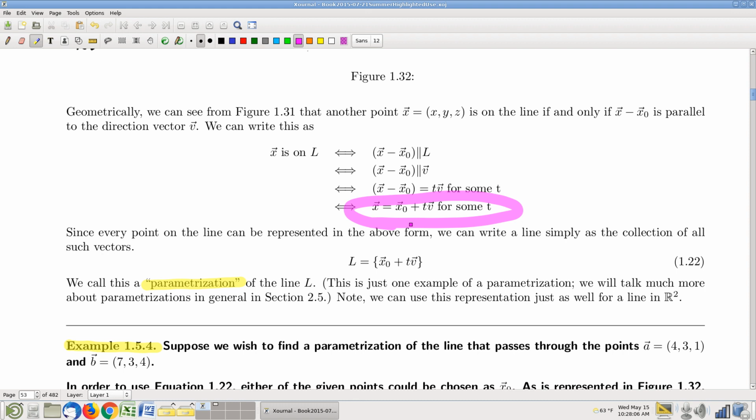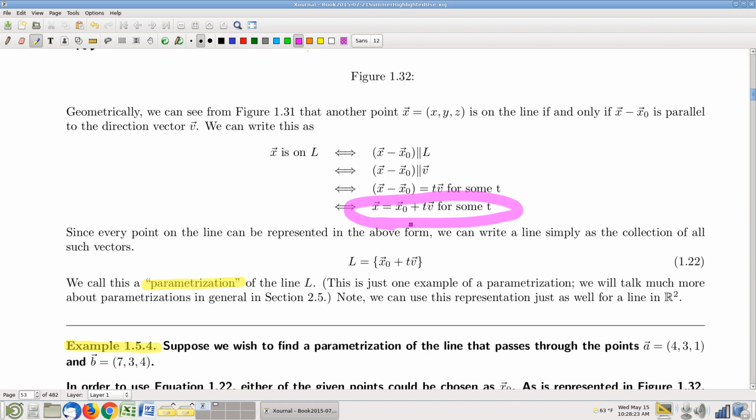This is not a test, right? Equations that we've come up with in the past, n dot x equals n dot x naught, are a test. You come to me with an x, plug into that equation, and it's either yay or nay. Either it works or doesn't work. That's not what this is doing, right?